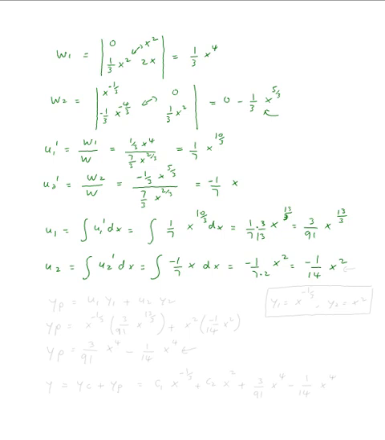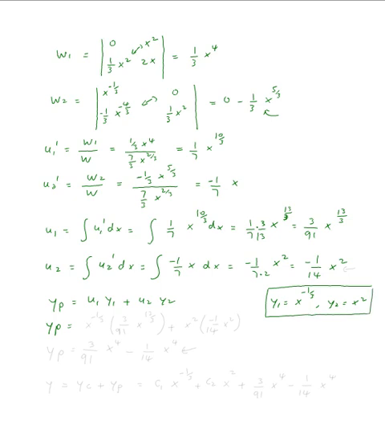We're almost done. We said yp is equal to u1 y1 plus u2 y2. y1 is x to the negative third, and y2 is x squared.